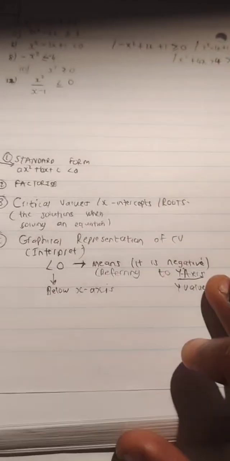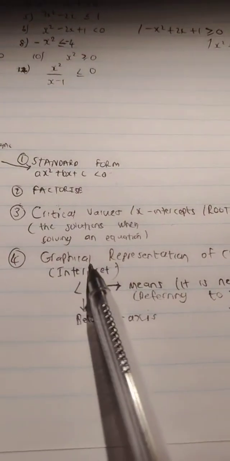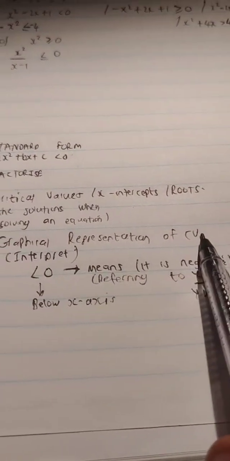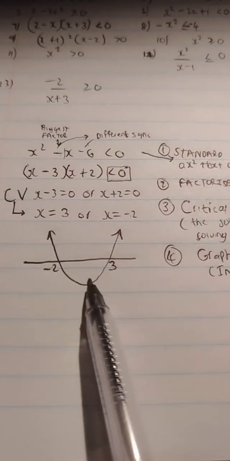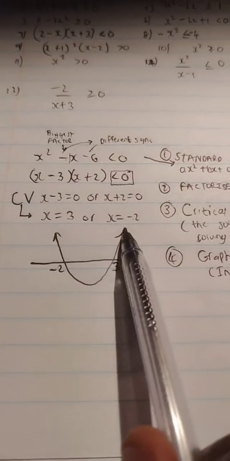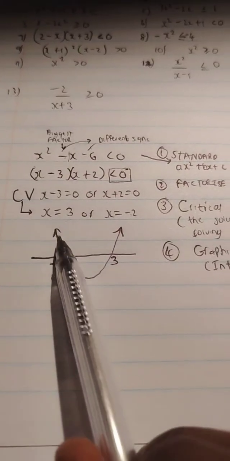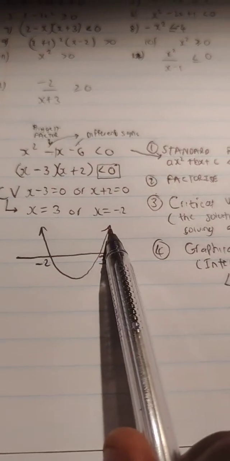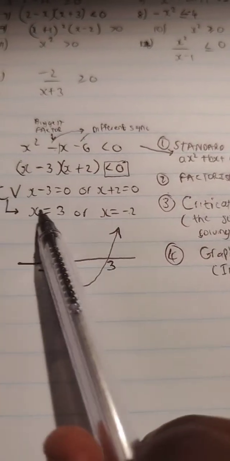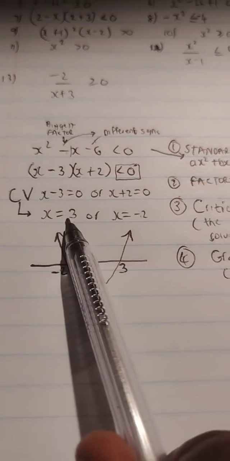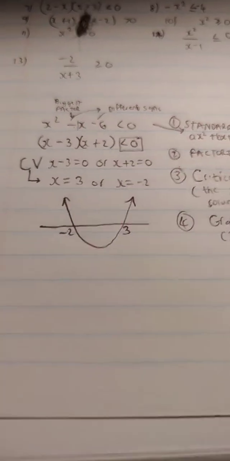I'm going to say this again. After drawing your graph, which is a parabola, concave up, smiley face, where you are representing your critical values, x is equal to 3 or x is equal to -2.